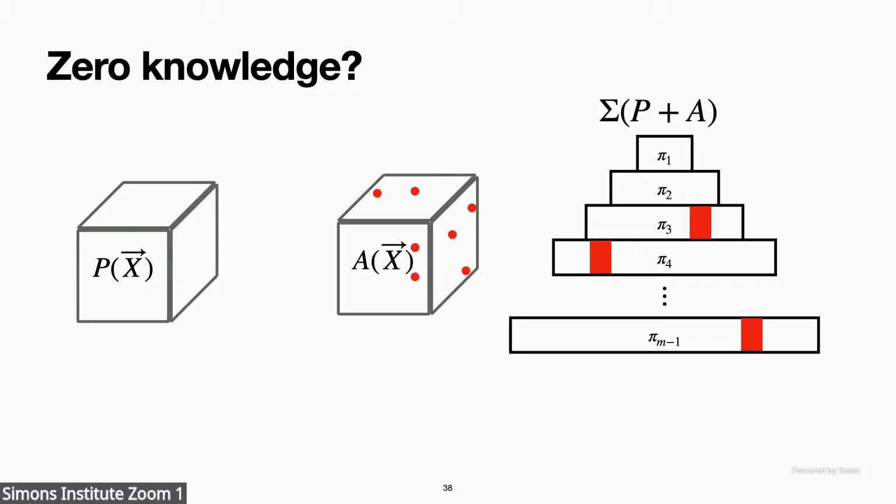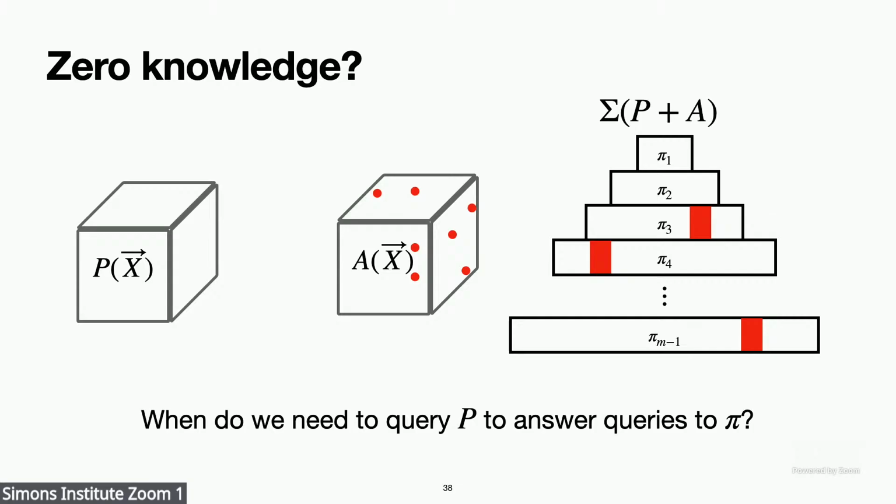So now I don't just have queries to the mask and one layer of sums, but I have multiple layers of sums, right? And each of these represents, I'll say that in a sec. So the question is, when do we need to query this P in order to answer queries to pi, right?